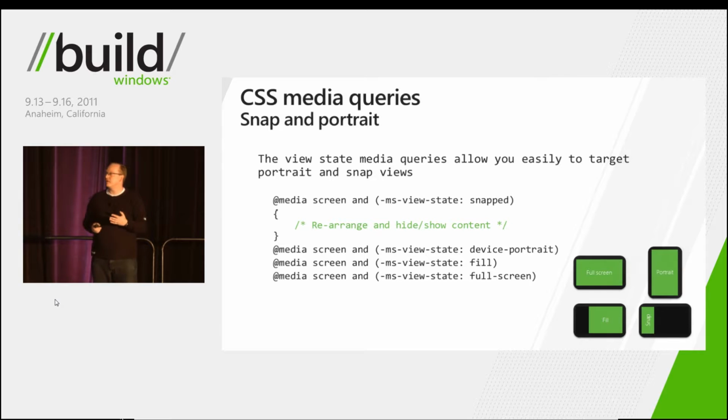We have added 4 new media queries to the existing set of standards-based media queries. And these 4 are exactly the new view states you encounter in the Windows platform: snapped, portrait, fill, and full screen. So with a single property, you can now target these views and just change the layouts on the fly.